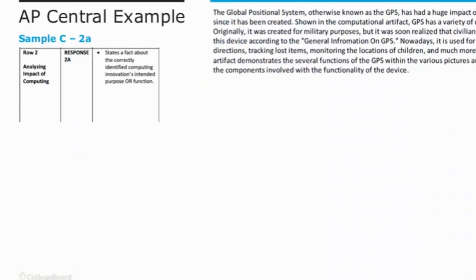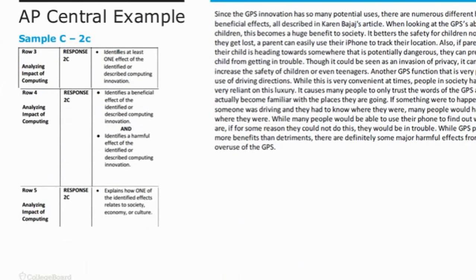All right, sample C, 2A, or the rest of these are going to come from sample C. So we're just looking for a fact about the purpose or function, not the effect in this case, because the effect is later on. So this here is a section where it talks about the original purpose of GPS. Row 3, identifying one effect.